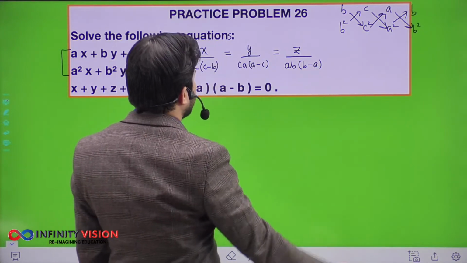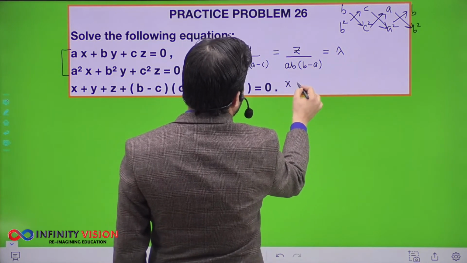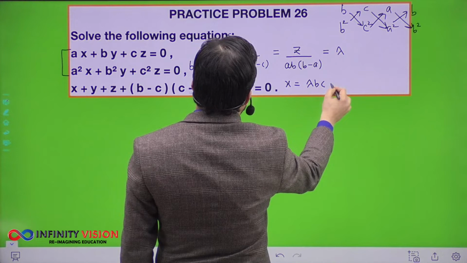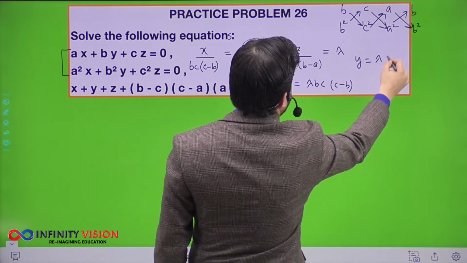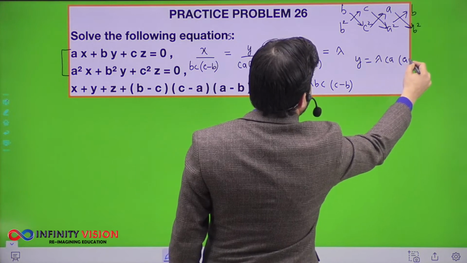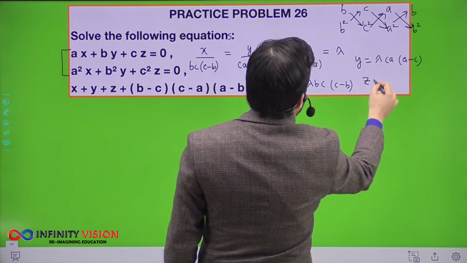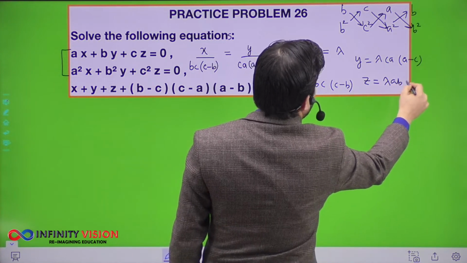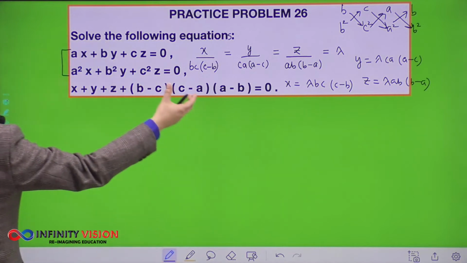Now I can say this whole thing is equivalent to lambda, so your x would be lambda bc c minus b, your y is lambda ca a minus c, and your z is lambda ab b minus a.